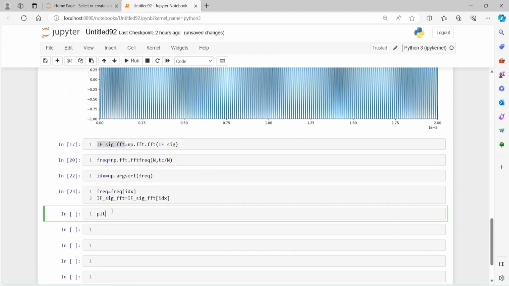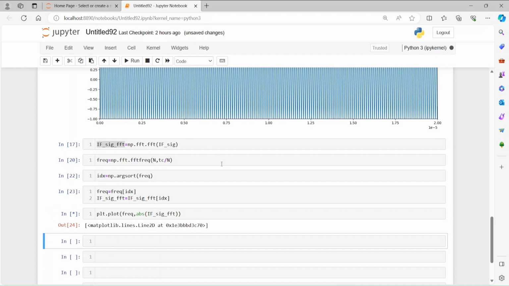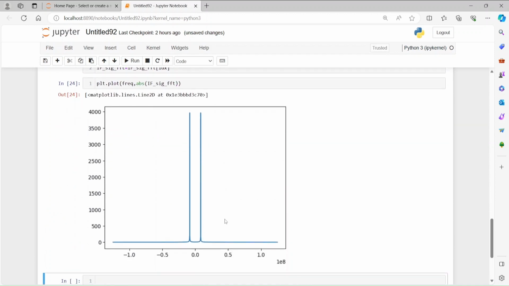Let's say plt.plot, with freq on the x-axis and the IF signal FFT. Since it's an FFT, I have to take the absolute value to avoid complex numbers. I think there is one rounded bracket missing there. Okay, I can see the plot right here.